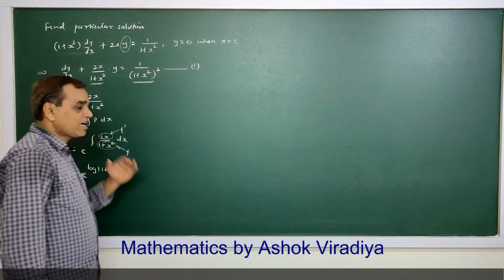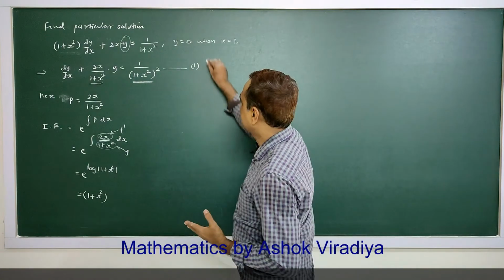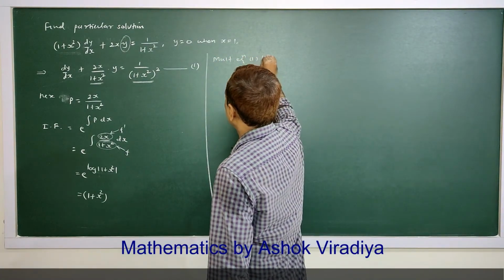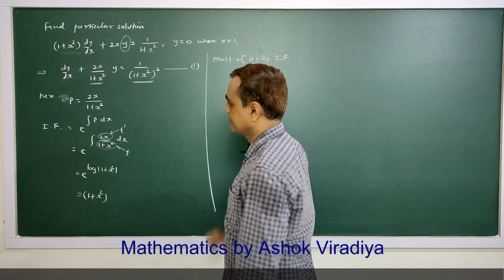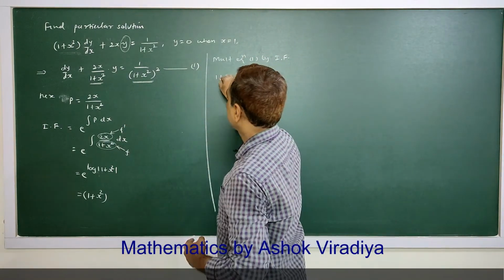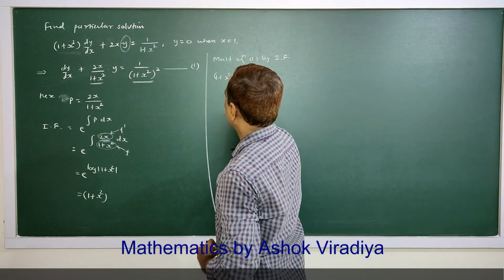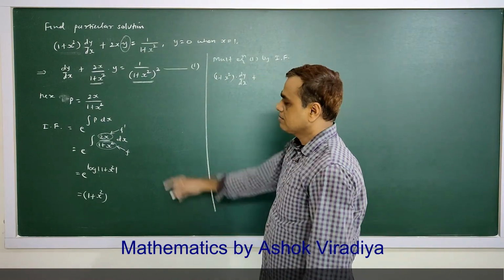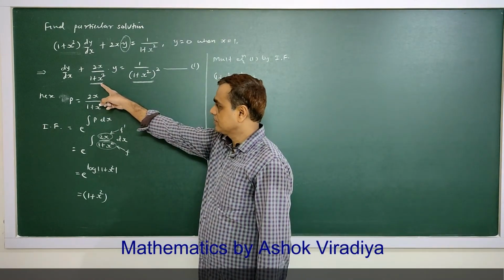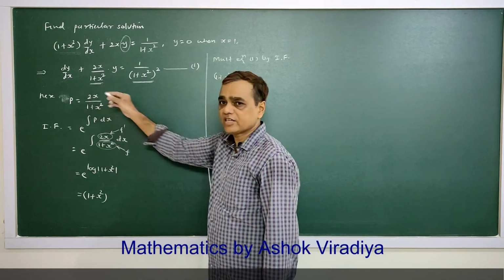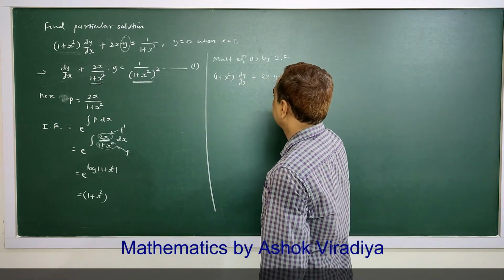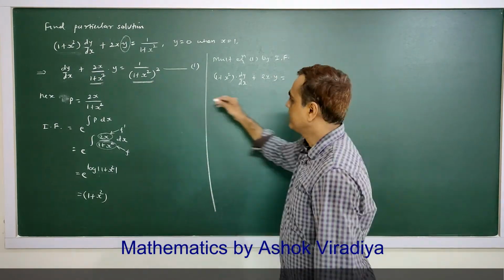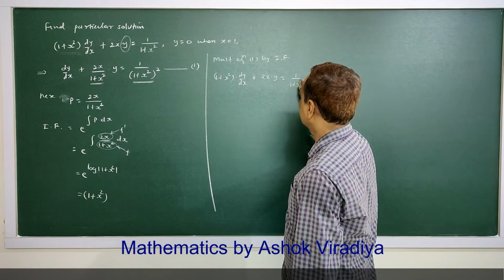Now we multiply equation 1 by the integrating factor, 1 plus x square, into dy by dx plus, multiplying the second term, 1 plus x square will be cancelled, so 2x into y equal to, multiplying here by 1 plus x square, it will be 1 upon 1 plus x square.